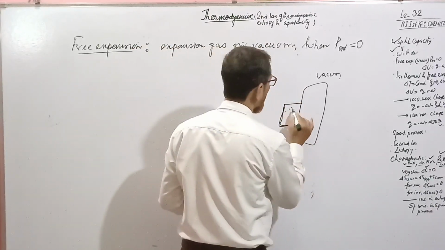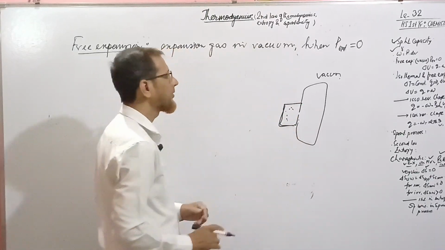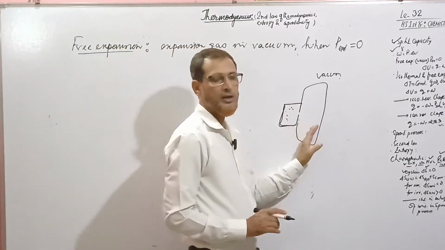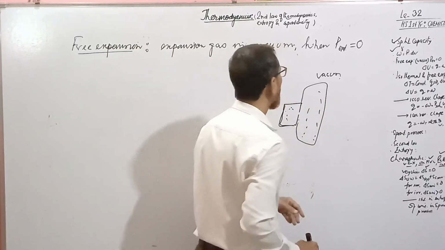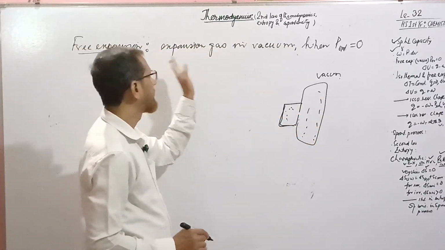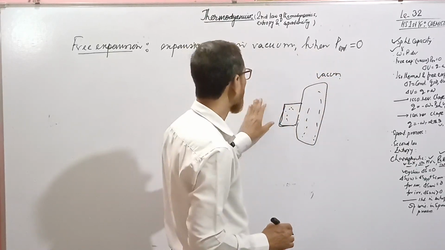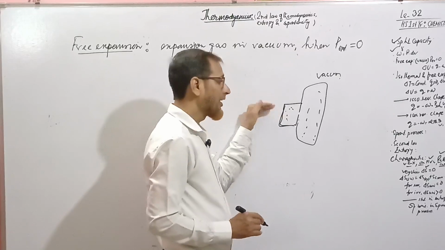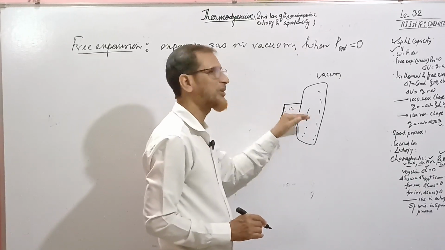The gas molecules are here. If you allow this gas to pass into this chamber, the gas expands until it reaches this volume, and that is called free expansion, where no external pressure acts. In the earlier case, an external pressure was applied, and due to it the gas passed from this chamber to this.